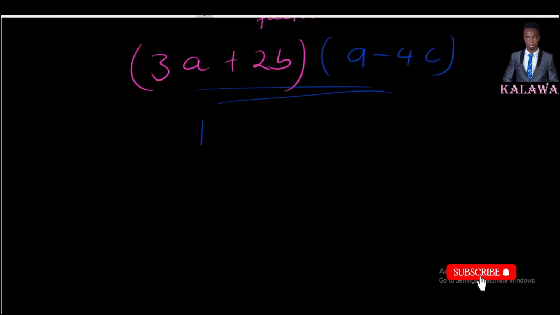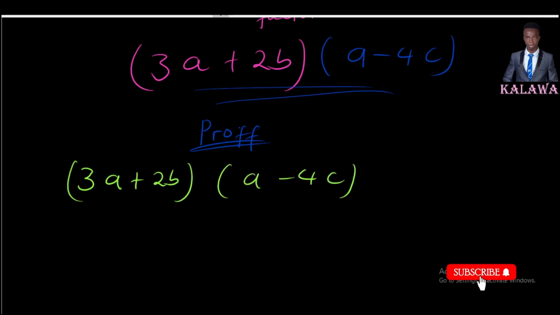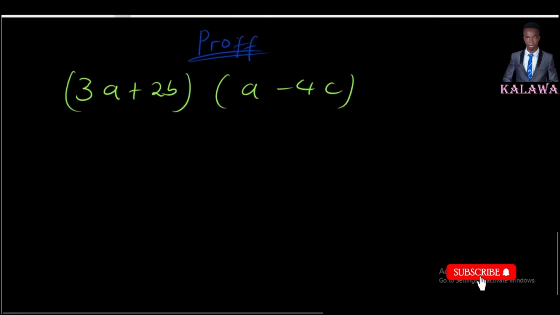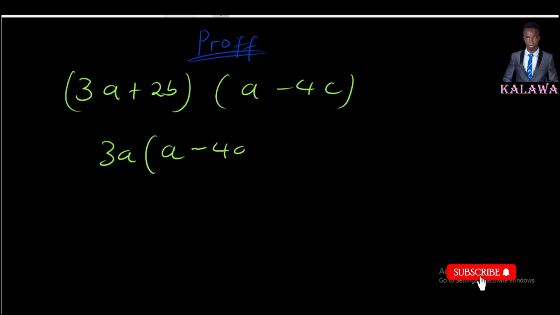So let us prove this one. 3a plus 2b, and then we have a minus 4c. We do the multiplication now: 3a into a minus 4c, and then 2b into a minus 4c.